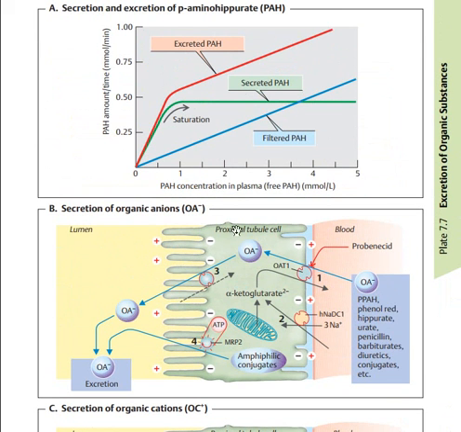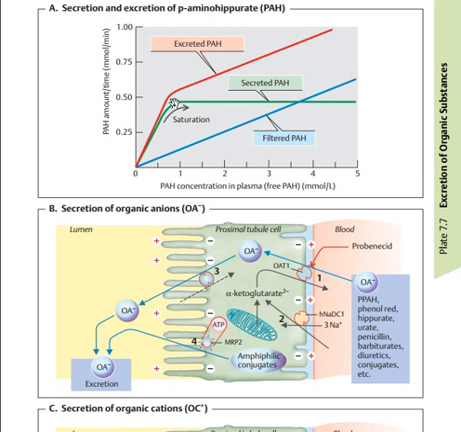So now let's visualize the secretion and excretion mechanism of para-aminohippurate. We need to know that the filtration of para-aminohippurate is going to follow this blue line, while the secretion of para-aminohippurate is going to follow the green line. So secretion occurs much more than filtration at this level here.